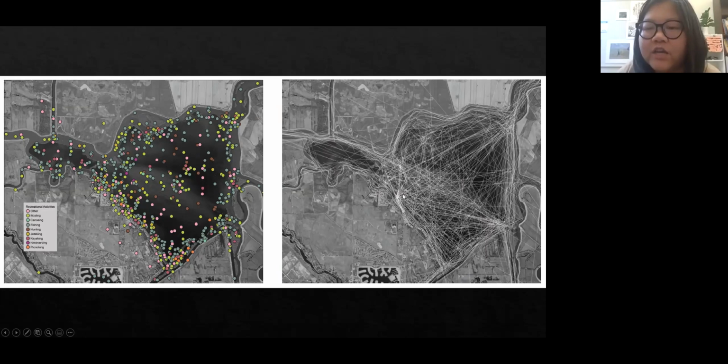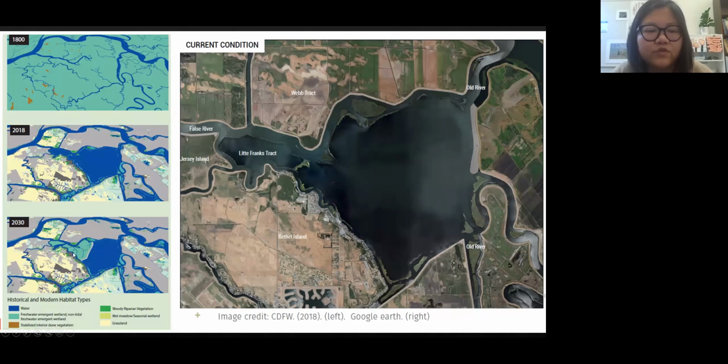So as you can see in this image, it's very clear that people actively use this as a transportation corridor. There are two ways people use it the most. One is from this Foss River all the way to this Old River. Another is people will land their boat along the harbor and then go to the North Old River. So let's compare that to this.